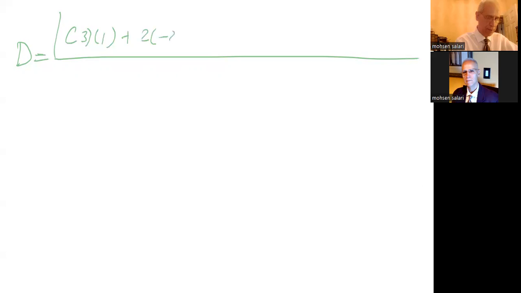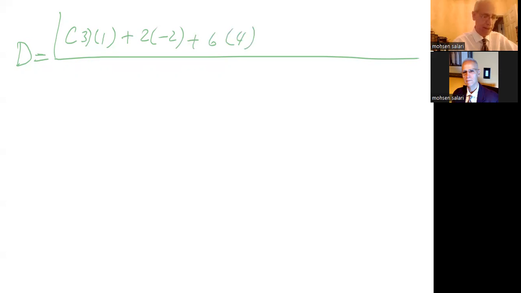So d equals the absolute value of 3 times 1, plus 2 times -2, plus 6 times 4, plus d.